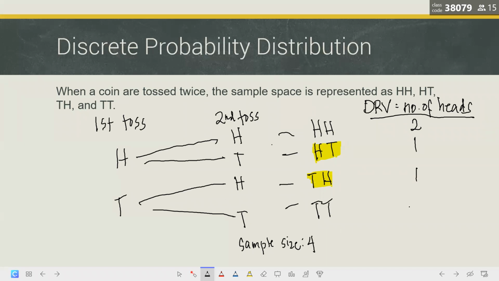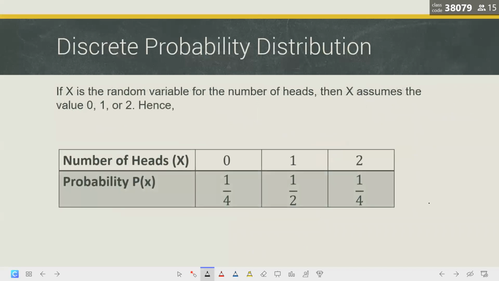And dun sa last combination, walang head. Okay? So, yan yung ating discrete random variable. Number of heads, di ba? Ayan. So, 2, 1, wala. Proceed tayo.